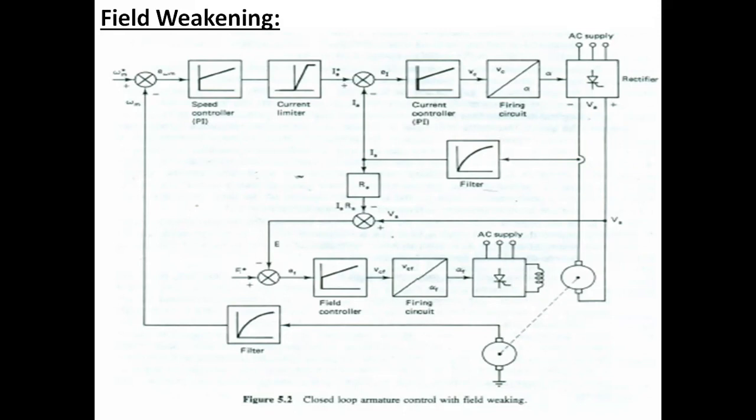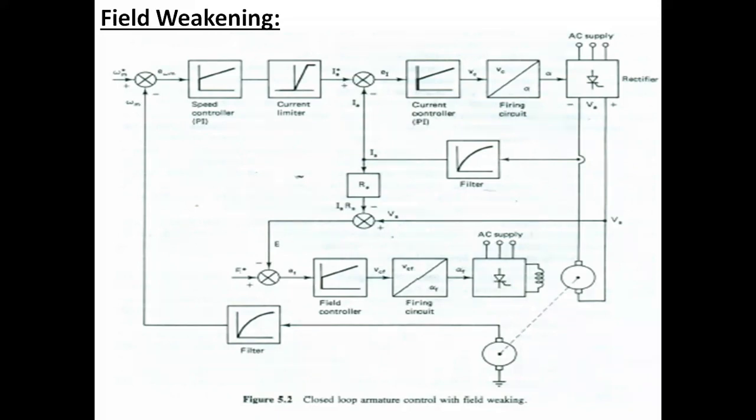For this control rectifier, we can use a half controlled rectifier, but a fully controlled rectifier is more preferable because of its ability to reverse the voltage. A fully controlled rectifier can reduce the field current much faster than a half controlled rectifier.